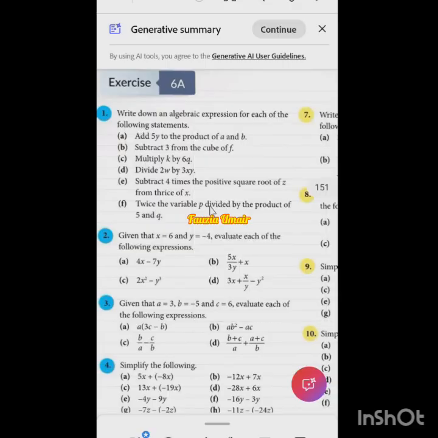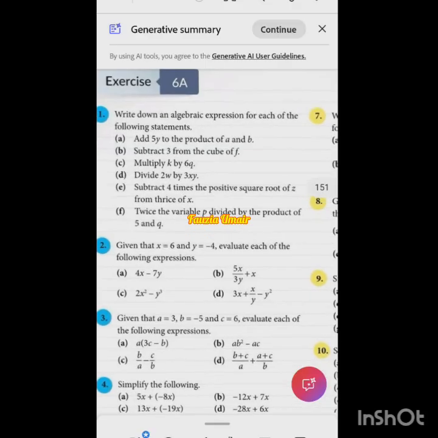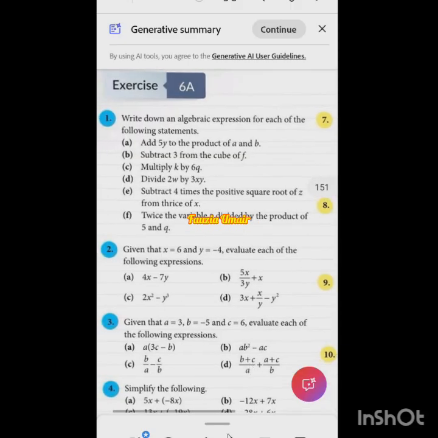So now let's solve question number one. It is writing algebraic expressions from the statements. Can you help me in writing? Add 5y to the product of A and B. First of all, what is the product of A and B?